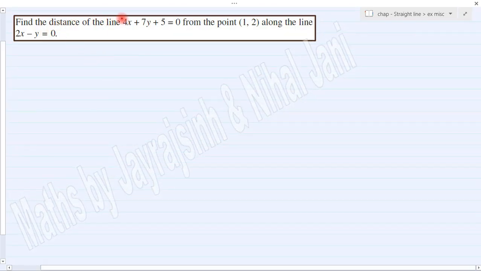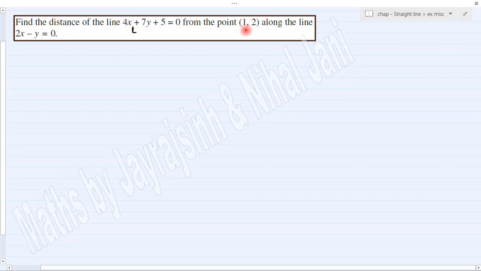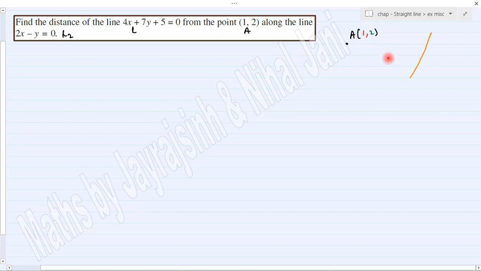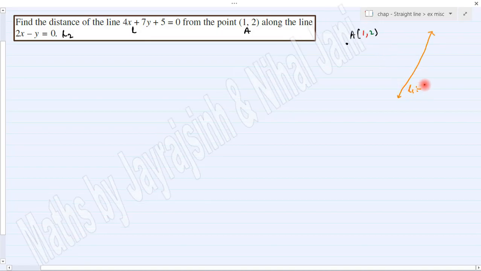In this question, we have to find the distance of line L from point 1, 2, let's say AB, along the direction L2, 2x minus y equal to 0. Let's say here we have our A point having coordinates 1, 2, and this is your line L1 having the equation 4x plus 7y plus 5 is equal to 0.